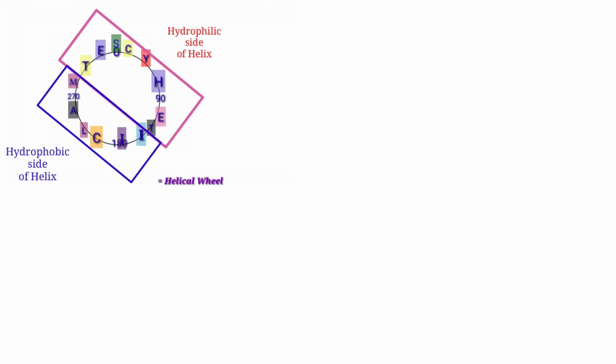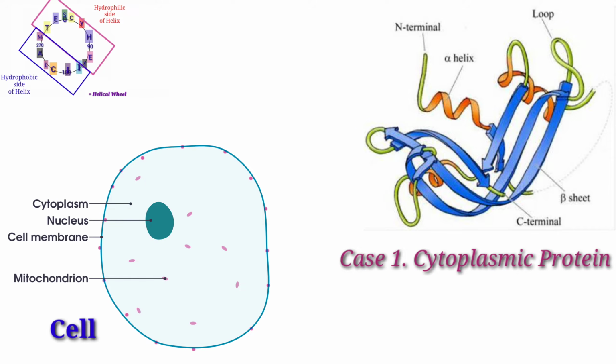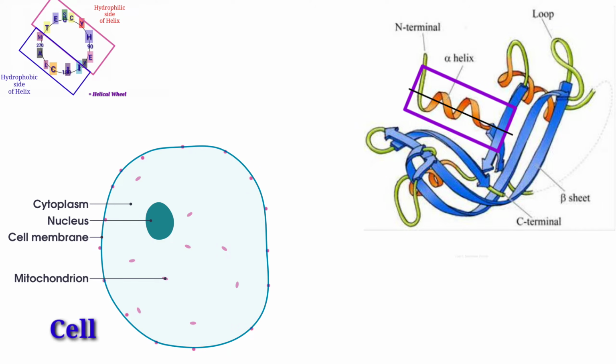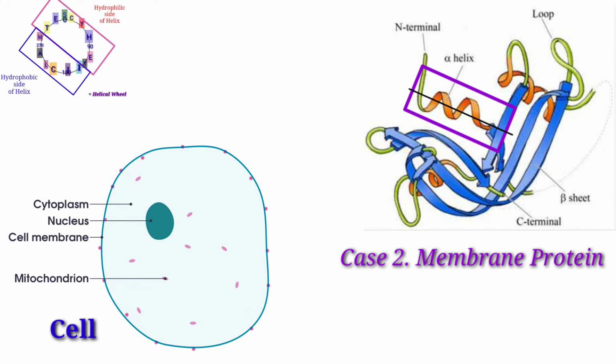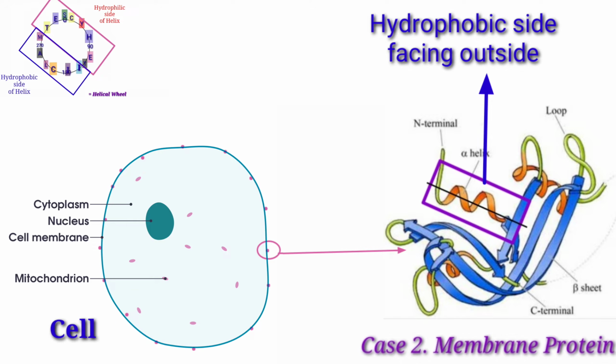When the hydrophobic portion, as we have mentioned here, is in a cytoplasmic protein, it will definitely face toward the core of the protein. For a membrane protein it is the opposite case, because the membrane protein has to interact with lipid molecules, which are hydrophobic.